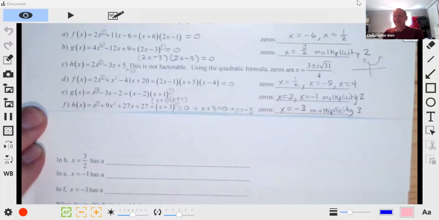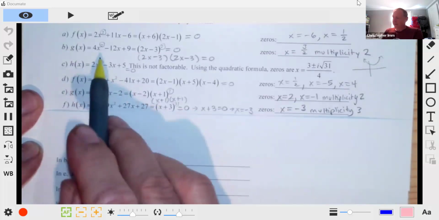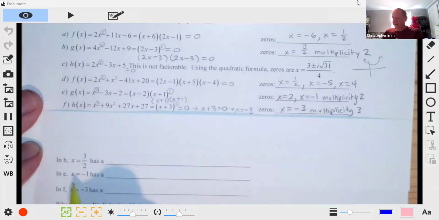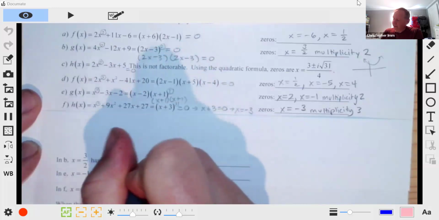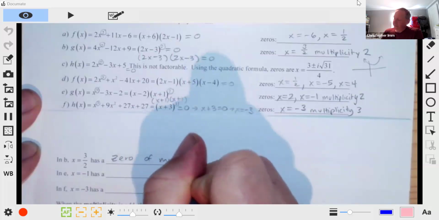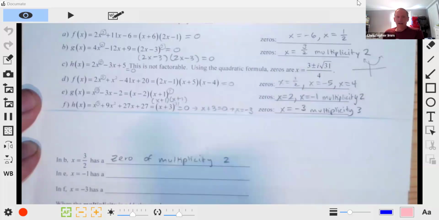Okay, so we talked about some of these zeros having multiplicity. So if we look in B, we had our factored form with a power of 2. So the 0, x equals 3/2, has a 0 of multiplicity 2.